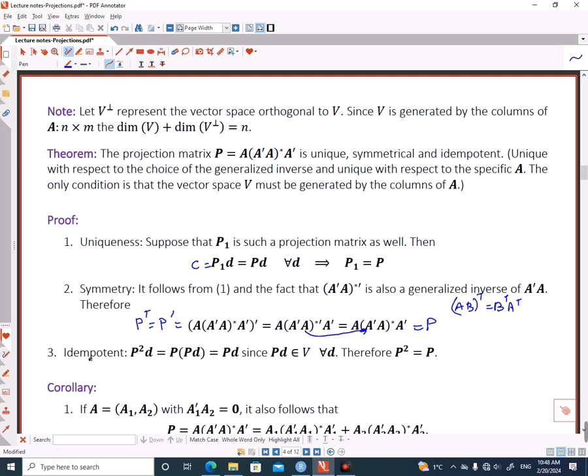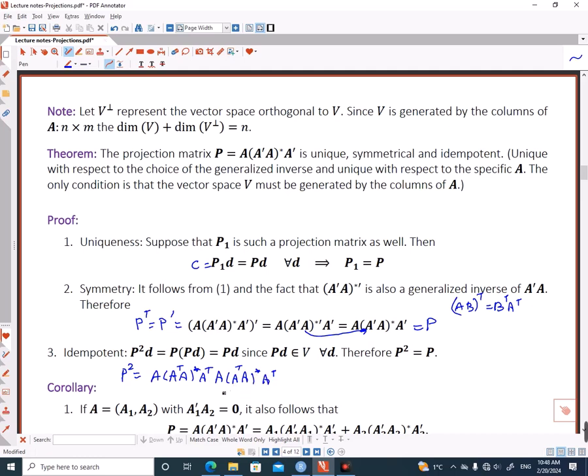In order to show that it's an idempotent matrix, we can follow this way, or we can simply show that P squared is equal to A prime A generalized inverse A prime, and then multiplied by A prime A generalized inverse, and then A prime.